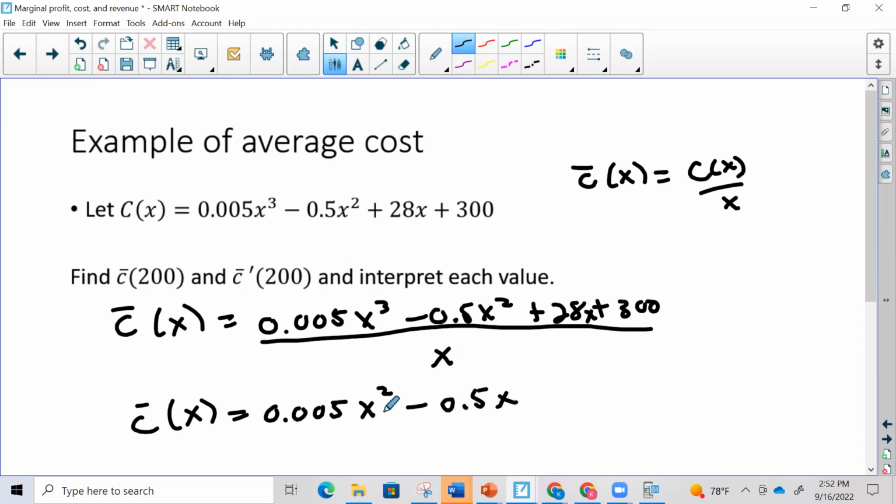Okay, so X cubed divided by X is X squared, X squared divided by X is 0.5X, 28X over X is just 28, and then 300 over X is 300 over X.